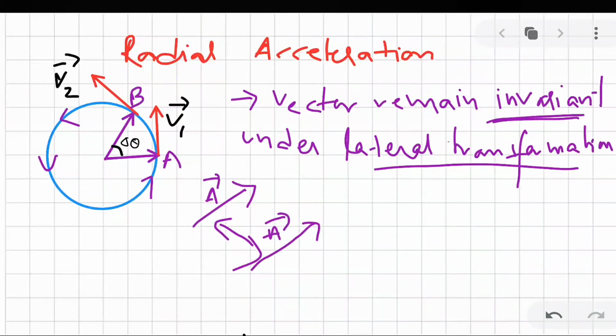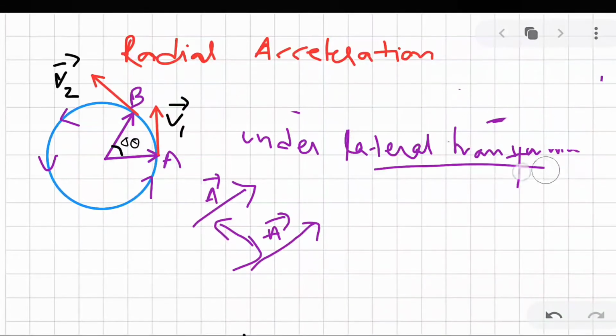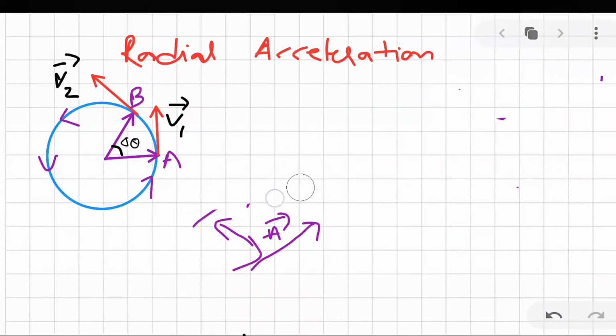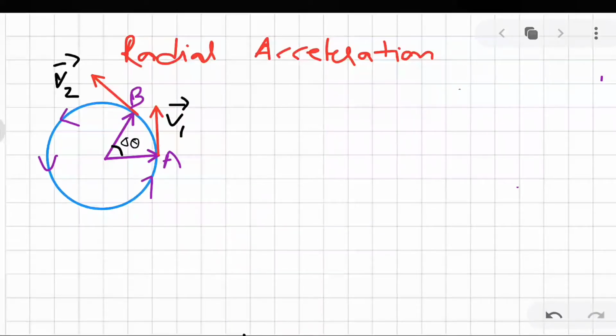So here we are going to move the two vectors v1 and v2. Suppose this is v1 and this is v2.